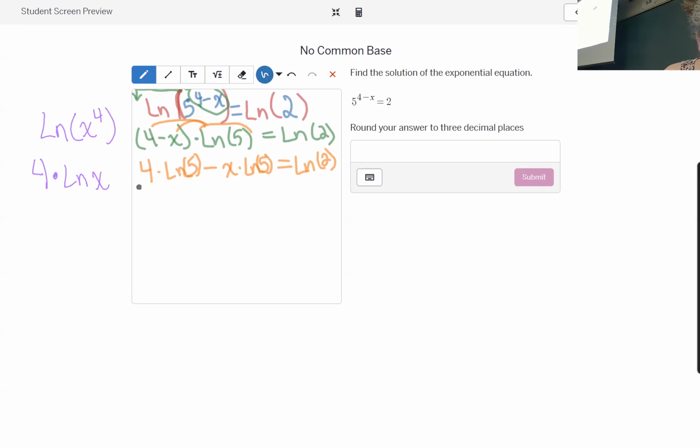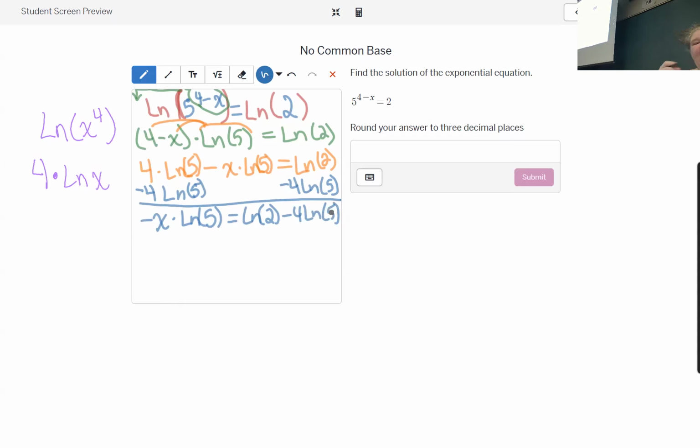Since it's positive, I'm going to subtract 4 natural log 5 from both sides. Now, natural log 2 and 4 natural log 5 are not like terms, so we just leave those as they are.